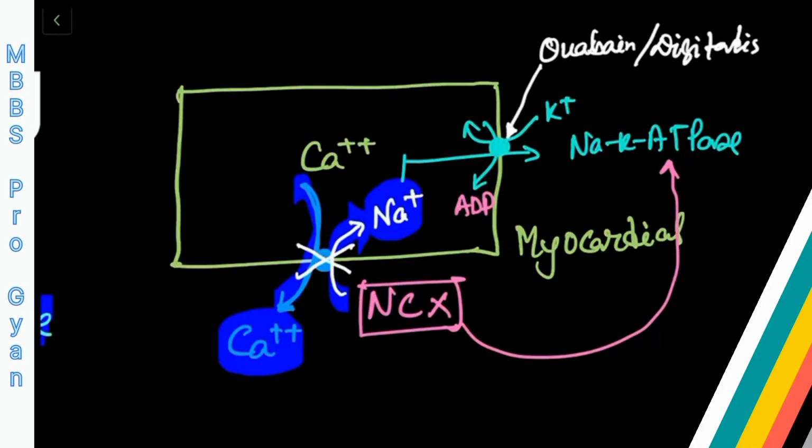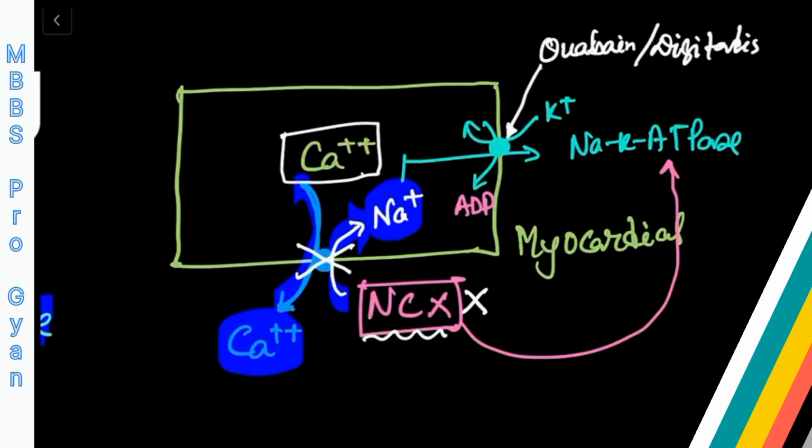So what will happen? This NCX will also be inhibited secondarily. Getting my point? Whenever you are blocking the sodium potassium ATPase pump, because the NCX is dependent on that, NCX will also stop working.